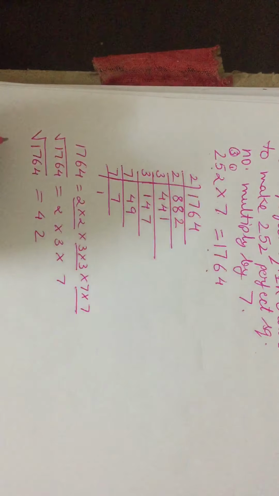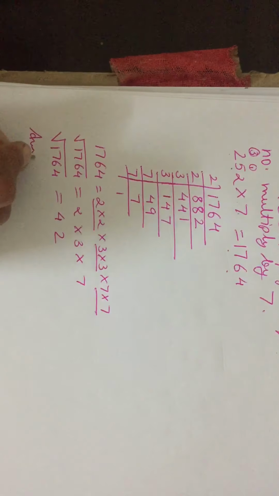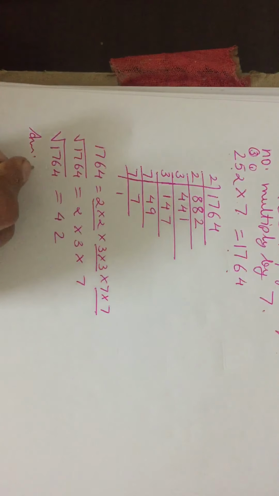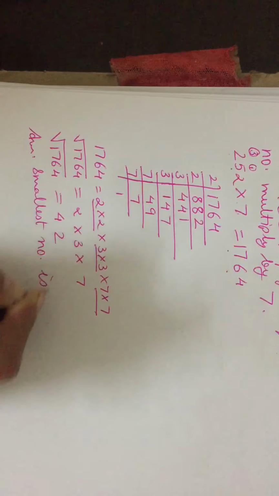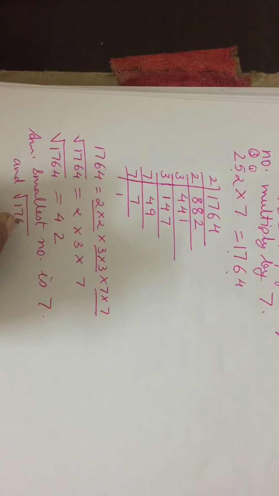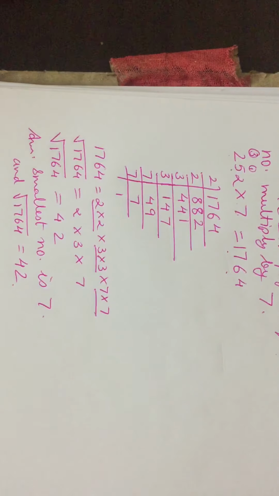This is the answer. So at the end, what answer are you going to write? The smallest number by which you should multiply is 7 and the square root of 1764 is 42.